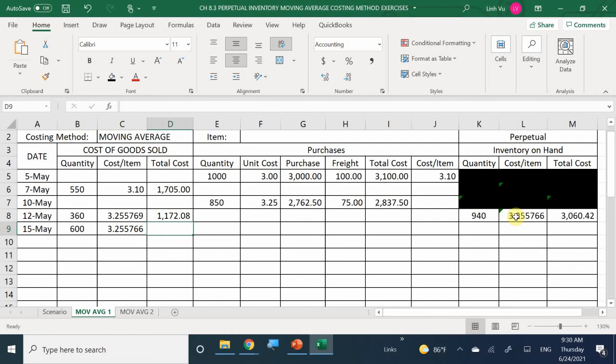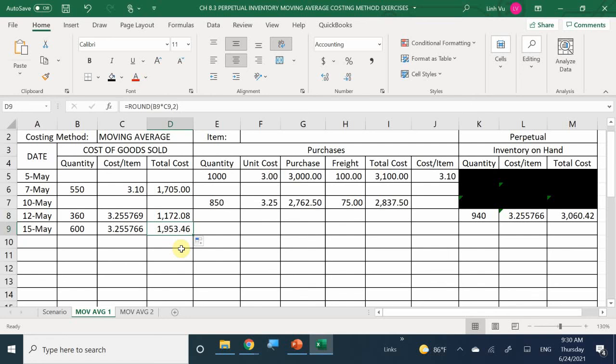So once again, equal round. So what is going to be my total cost of goods sold for selling 600 items at 3.255766? I got 1953.46. Excellent.